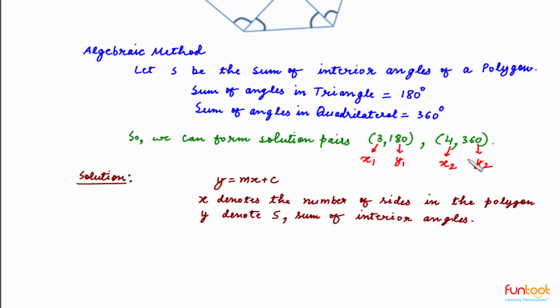With these 2 solution pairs, we can form 2 equations. So these are the 2 equations which we have formed and we can solve them and find the values of m and c. Therefore, m is equal to 180 and c is equal to minus 360.